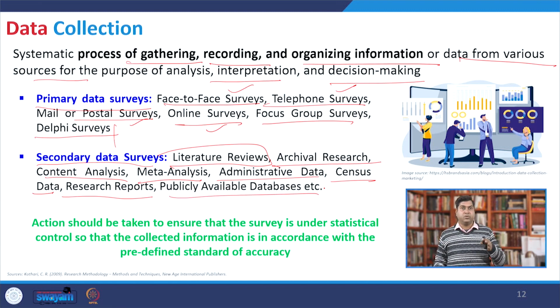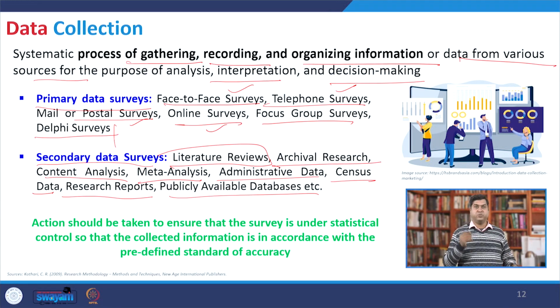Then research reports and publicly available datasets. So these are different sources of information that we can use, but we will discuss in our follow up lectures that it is not the case that whenever data is available we simply collect it and use it.